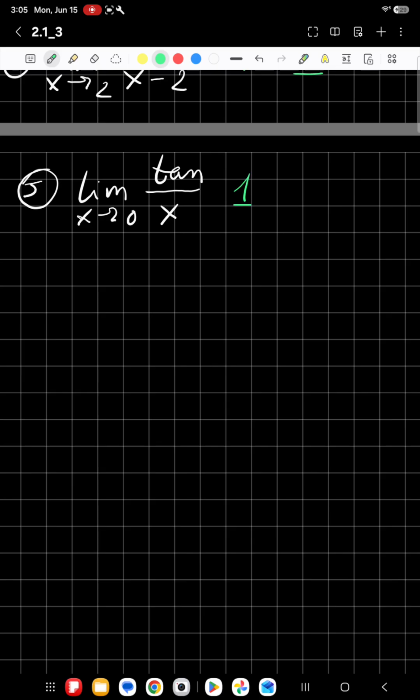Okay, number 6. Find the limit, and this time I'm just giving you a function. It's a piecewise function.